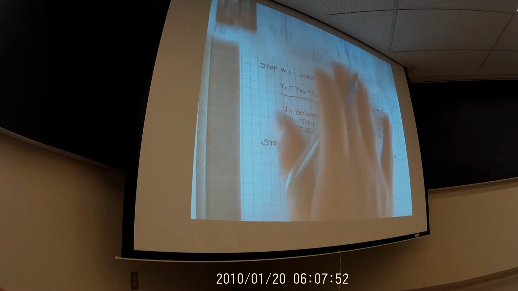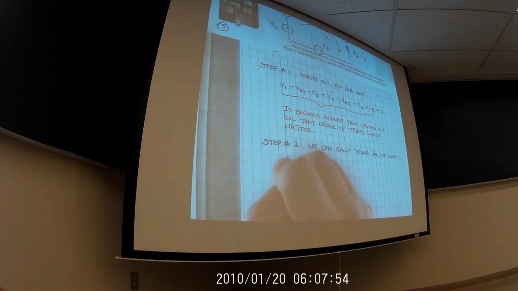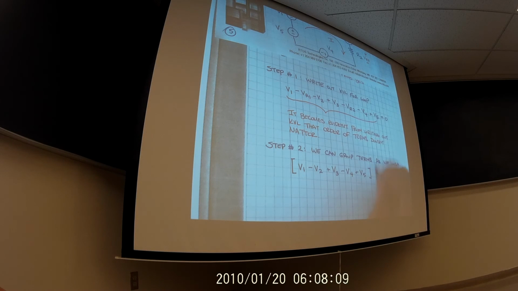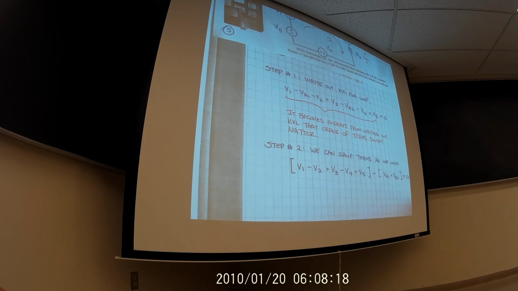And one way that might make sense to do that is we can group the sources together and group the resistors together. So what we'll end up with is V1 minus V2 plus V3 minus V4 plus V5. All right? And then we'll be left over with minus VR1 minus VR2 equals 0.